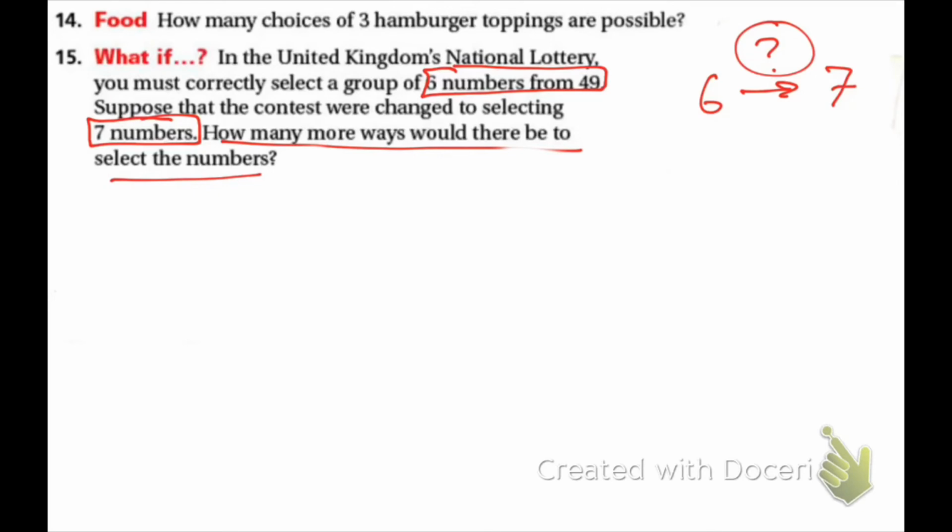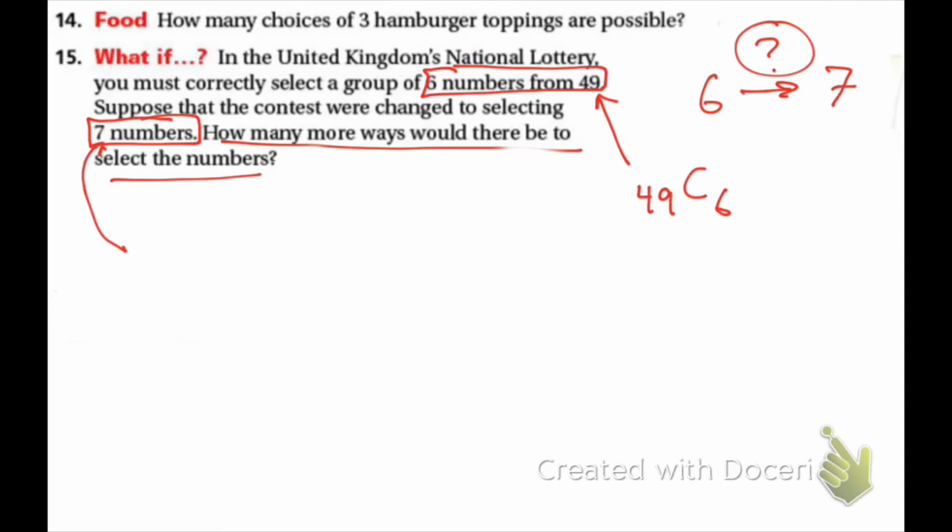So let's count the number of ways to select each. Now using the old way, we're using 6 numbers from 49. Would that be a permutation or a combination? Now the order doesn't matter here because you're just selecting a grouping of 6 numbers from 49. So for this one, you would have 49C6.